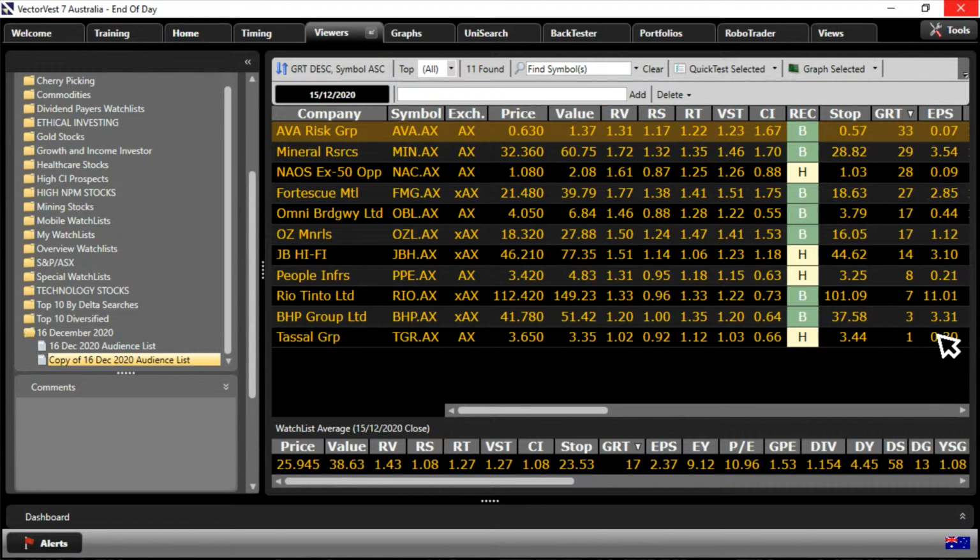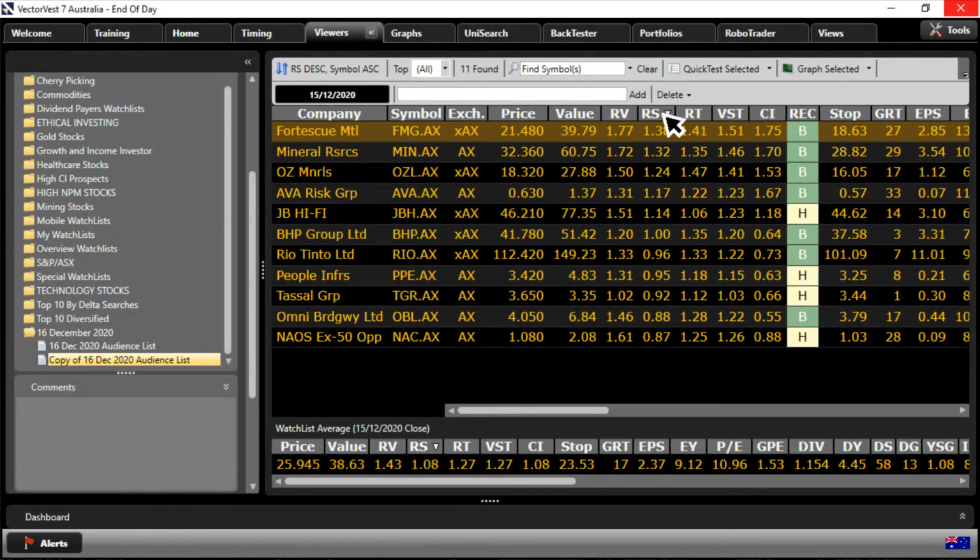Now, the last thing I'm going to do is pick on RS, relative safety. Relative safety is on a scale of 0 to 2. So it's looking at how safe and reliable those companies are. Again, if you can't bring yourself to remove certain companies because you have emotion attached to them, hide those companies.